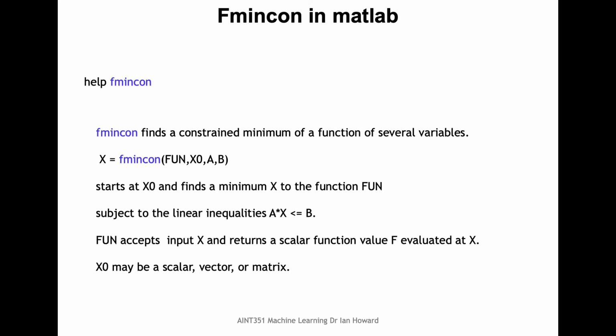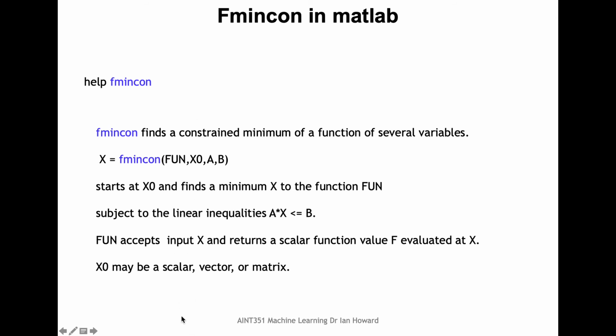One particularly useful function in Matlab, and there's a whole range of them to find minimums or maximums of functions, is something called fmincon, which basically refers to finding a constrained minimum of a function which can have multiple variables. If you do help on this function, just so you're aware it exists, it'll give you loads of different ways of actually using it.